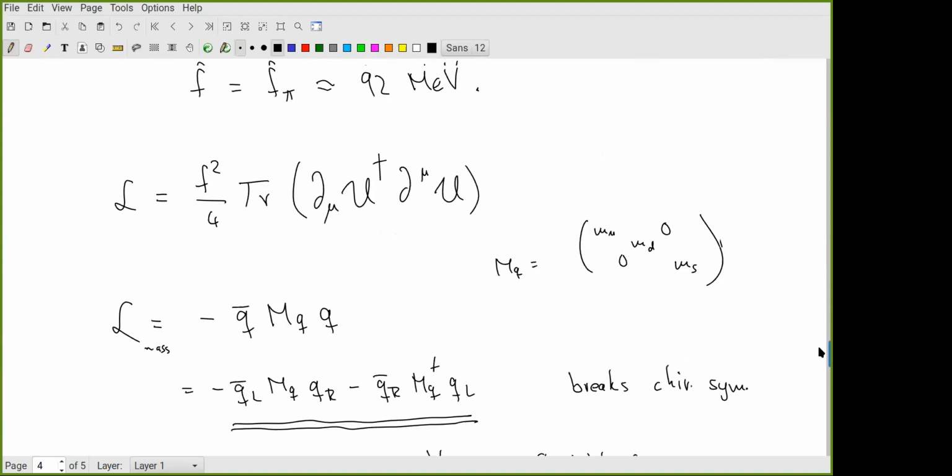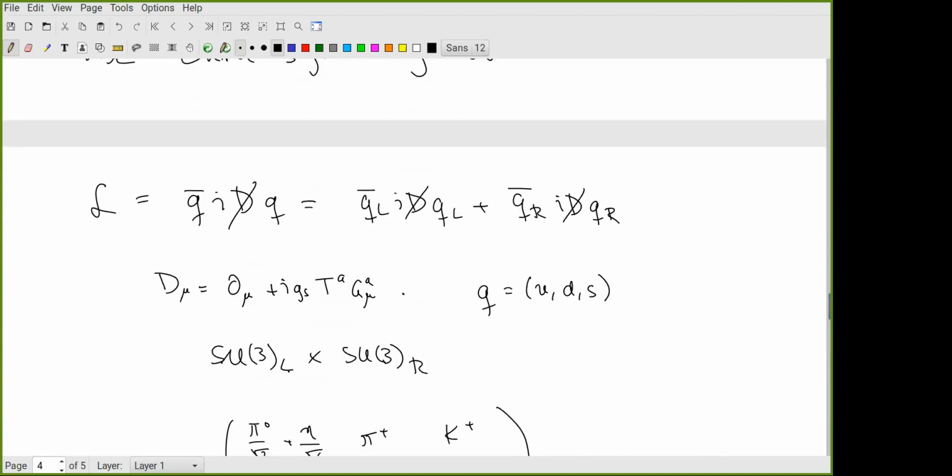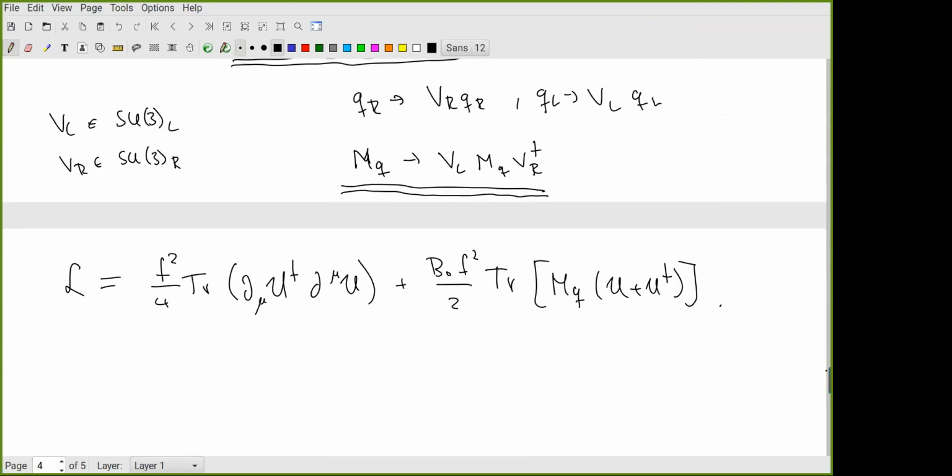Just because the Lagrangian has this SU(3) cross SU(3) symmetry, so I just denoted them by V_L and V_R. Then they don't diagonalize anything. If the masses are zero, they just don't have any effect. What they do is they rotate up, down, and strange quarks into each other. So as long as the masses are zero, you can't distinguish them. Got it. Okay, thank you.